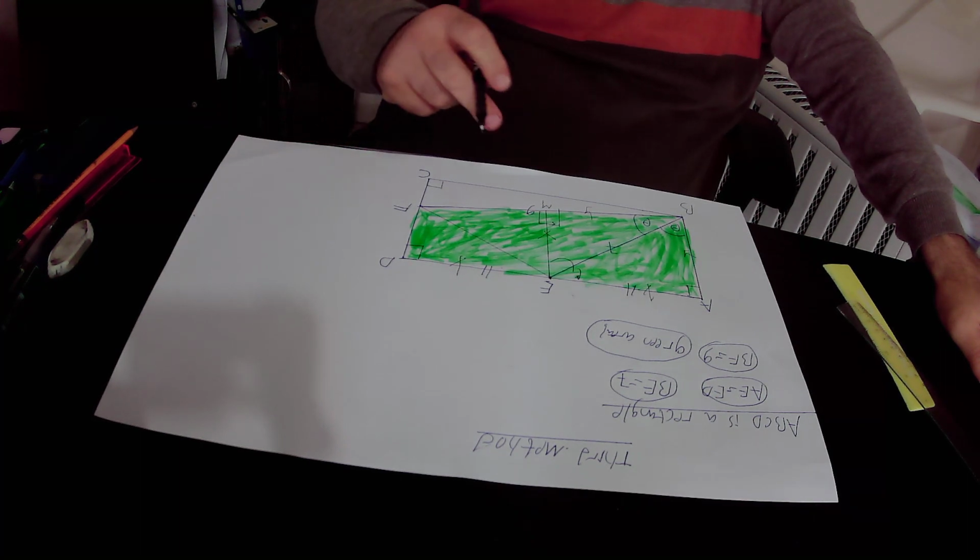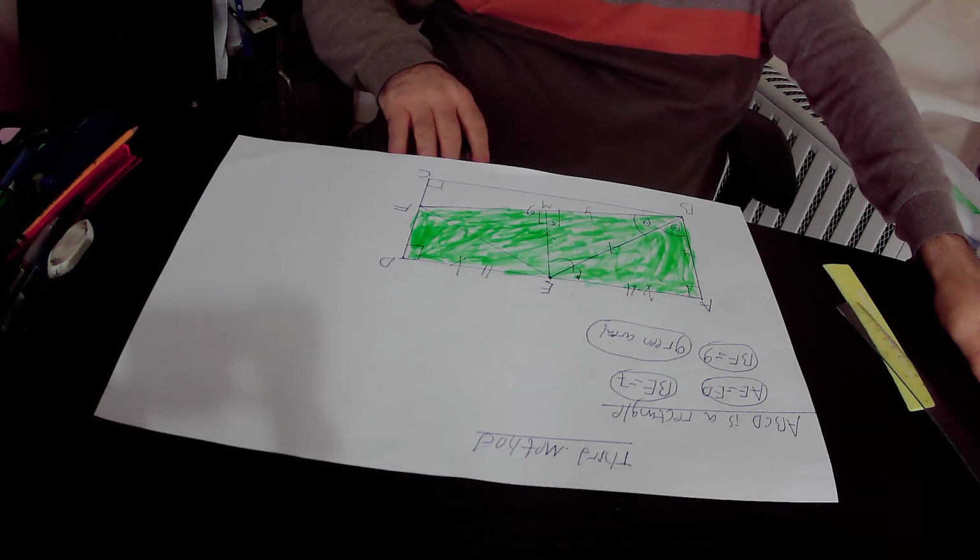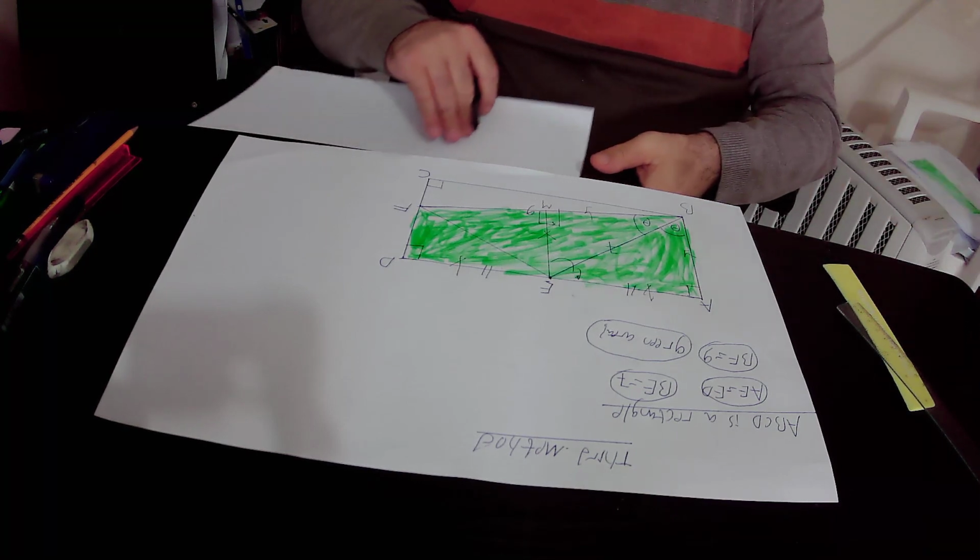So we proved that those two triangles are congruent according to rule number 5.